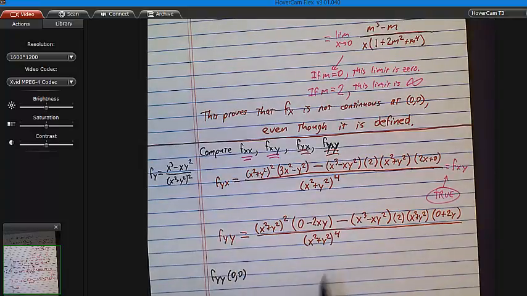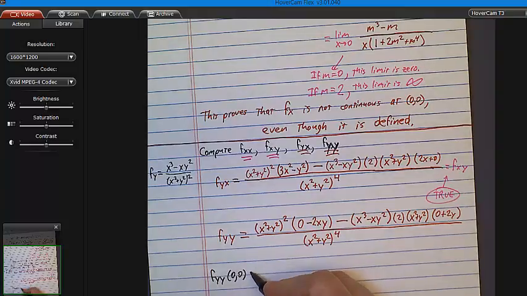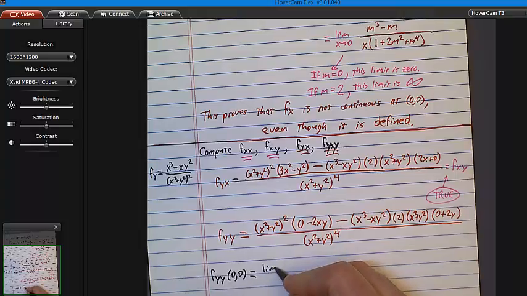Well, not with that formula. So if I want to talk about this, what do I have to go back to? A limit definition, right? Limit as what? As h approaches 0. Of what? Let's fill it in.